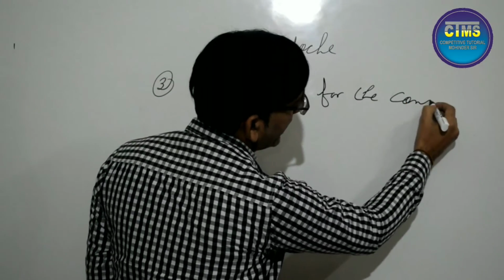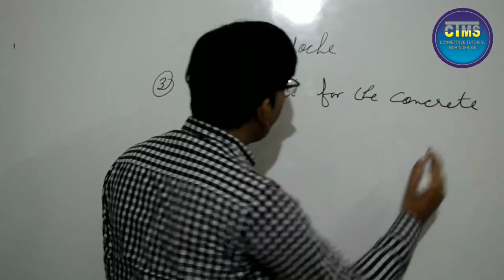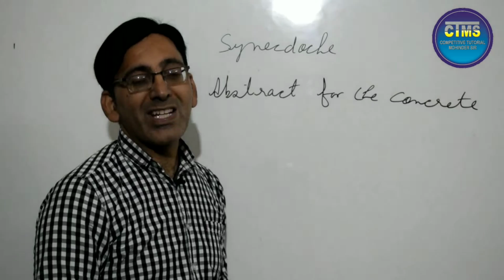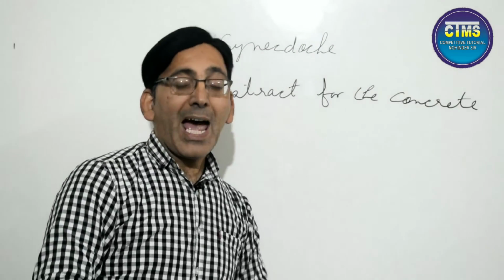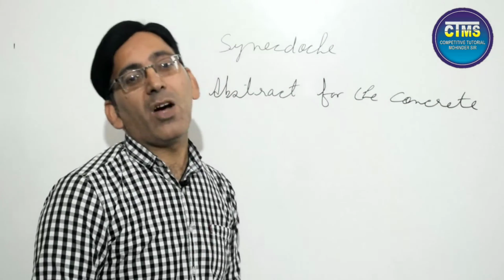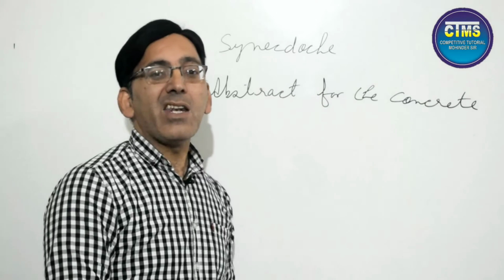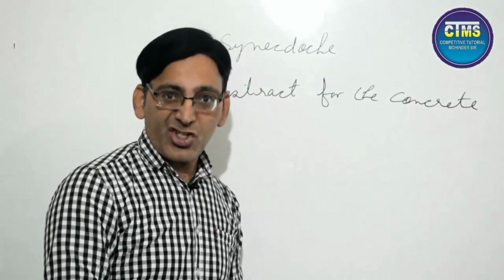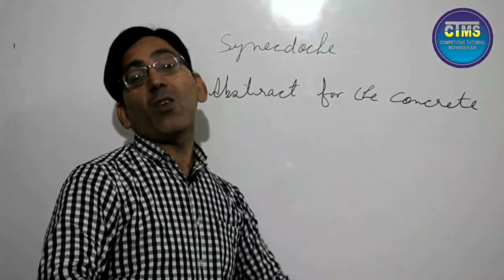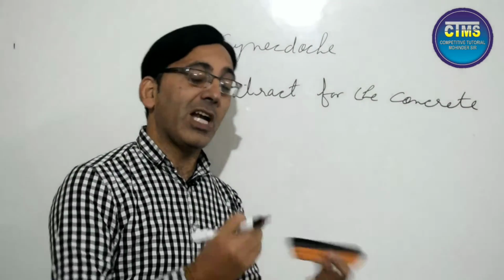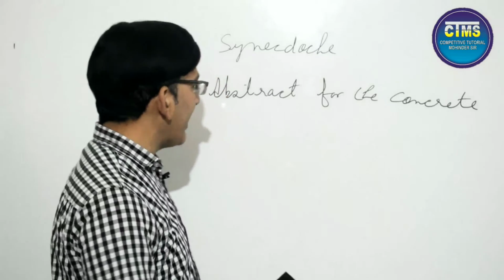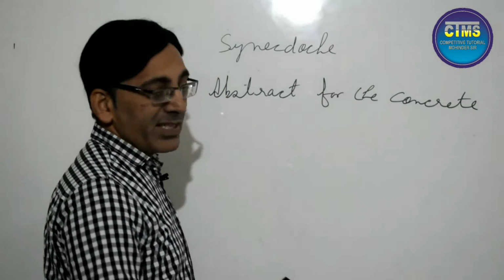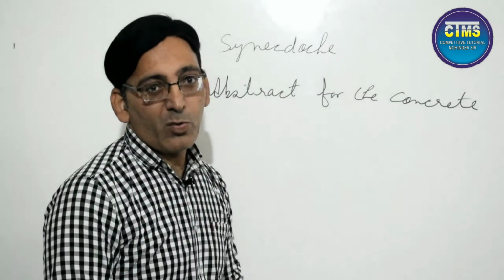You can say that in this variety, abstract noun is used as a common noun. Abstract noun, I think you know, means a noun which we can't see, which we can't touch, but which we can only feel. So that is called abstract noun. So abstract noun is used as a common noun here.